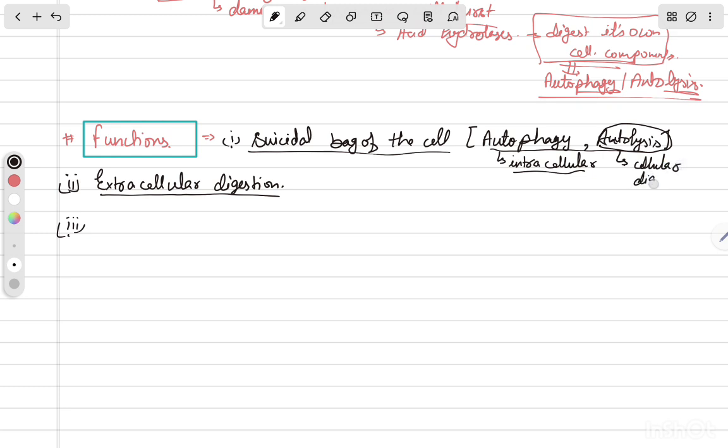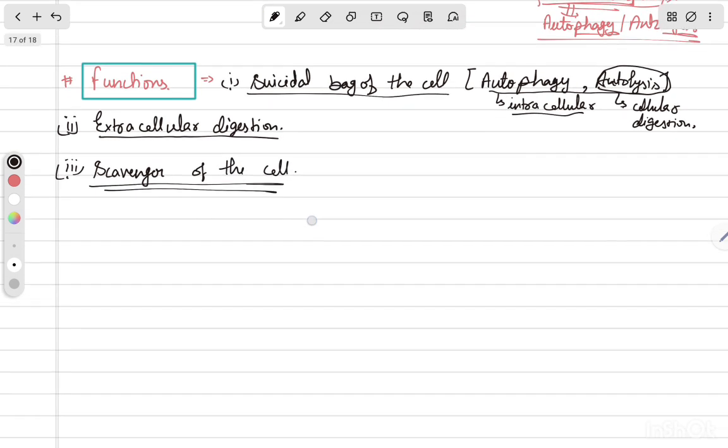It is also known as scavenger of the cell because it helps in the cleaning process, right? So these are the functions of lysosome.